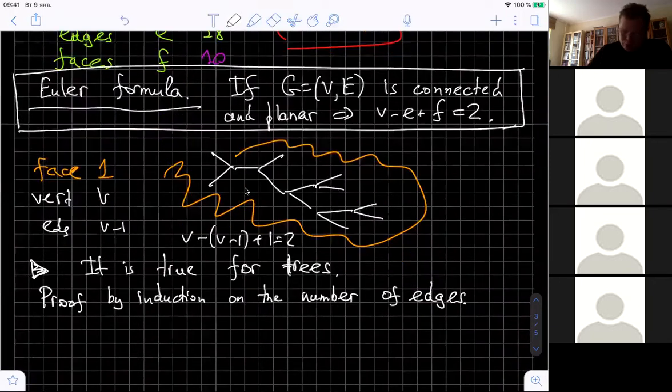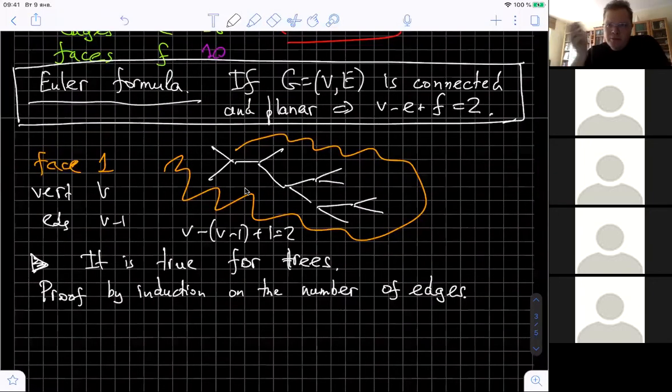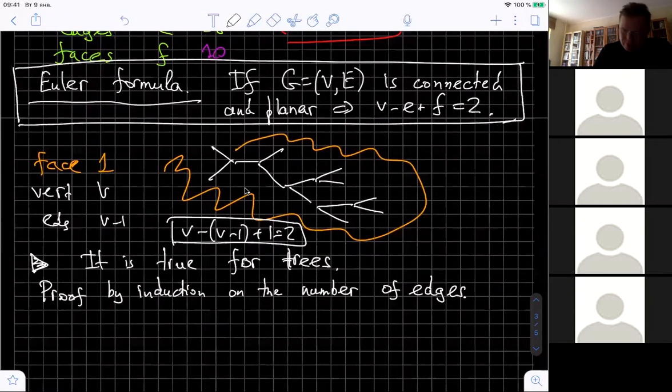So we fix the number of vertices, say v, and then we do induction on the number of edges. The minimal number of edges will be v minus 1 if the graph is connected, and this will be a tree.